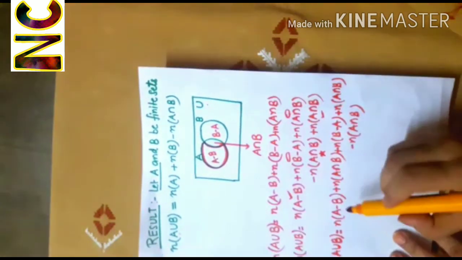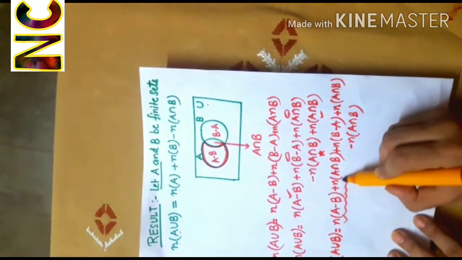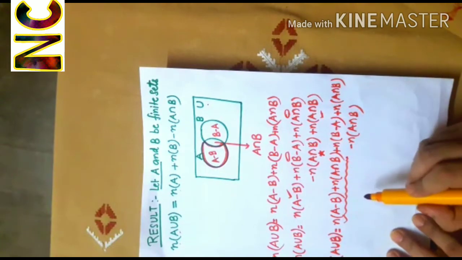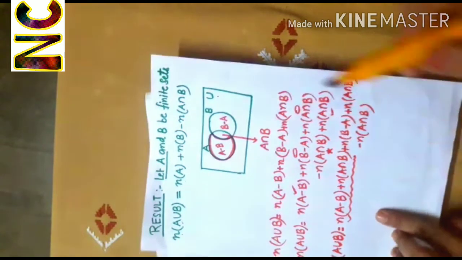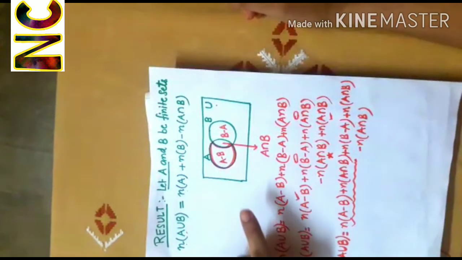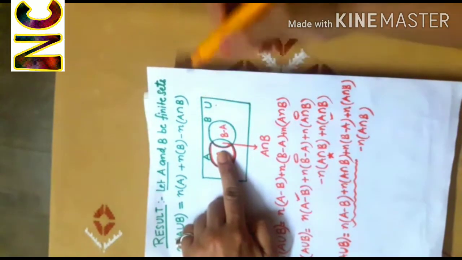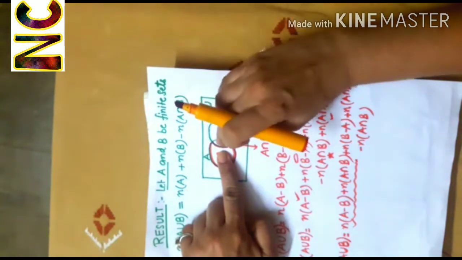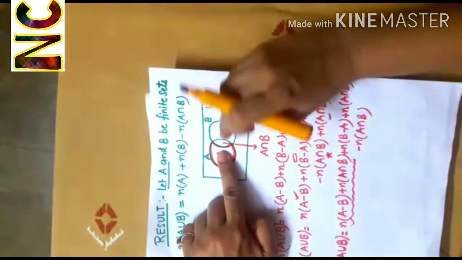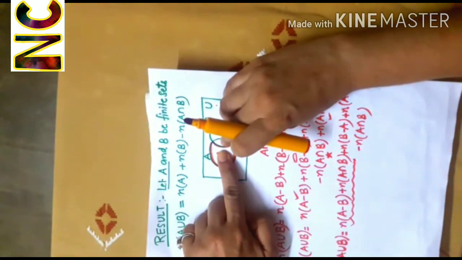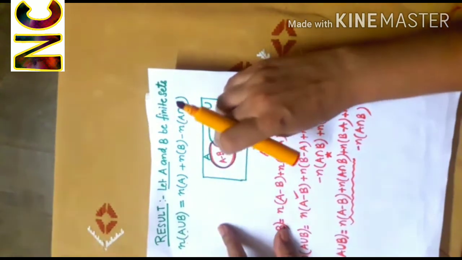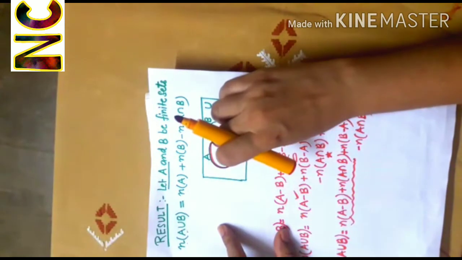Now look here. Can you tell me what this will equal? Yes, number of elements in A minus B, that is this portion, plus number of elements in A intersection B, that is this portion. Do you agree that it will be equal to the number of elements in the set A?